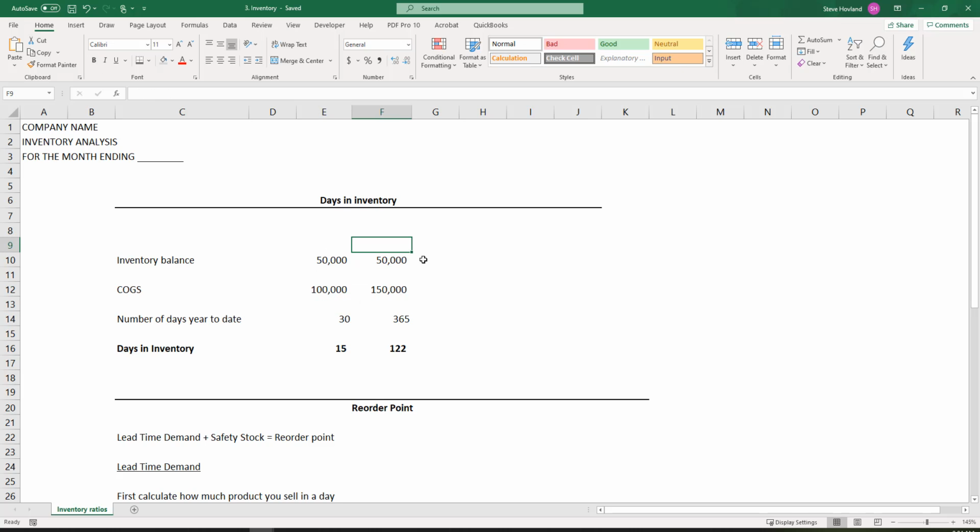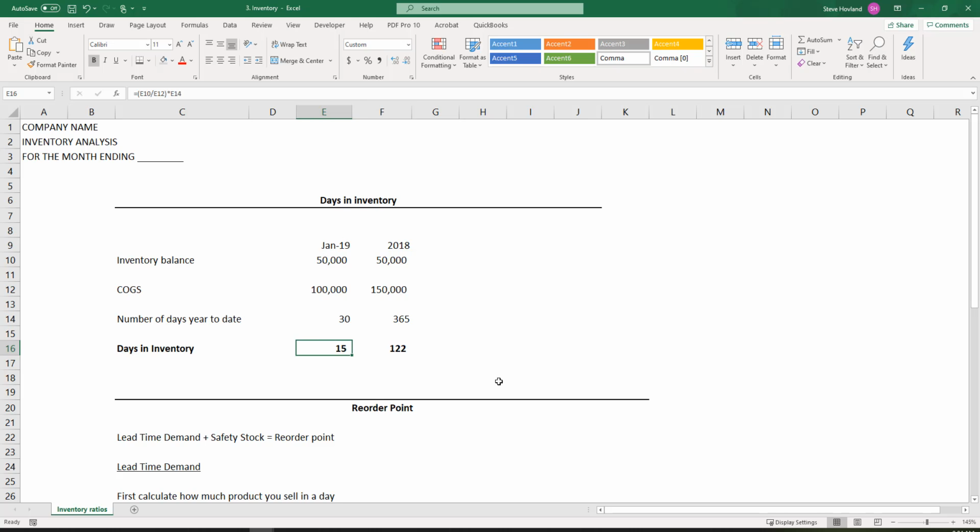And let's go ahead and put some dates in here so it makes it a little easier. So let's say this is 2018, and let's just say this is January of 2019. So in 2018 we had 122 days of inventory sitting there, and then at the end of January we only had 15 days.